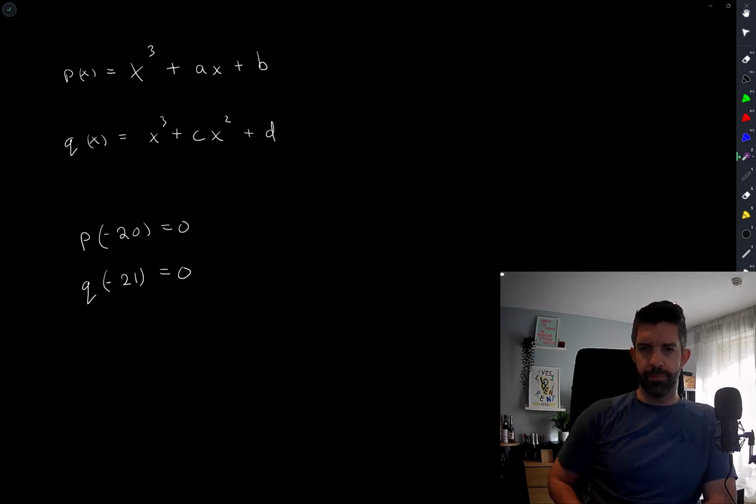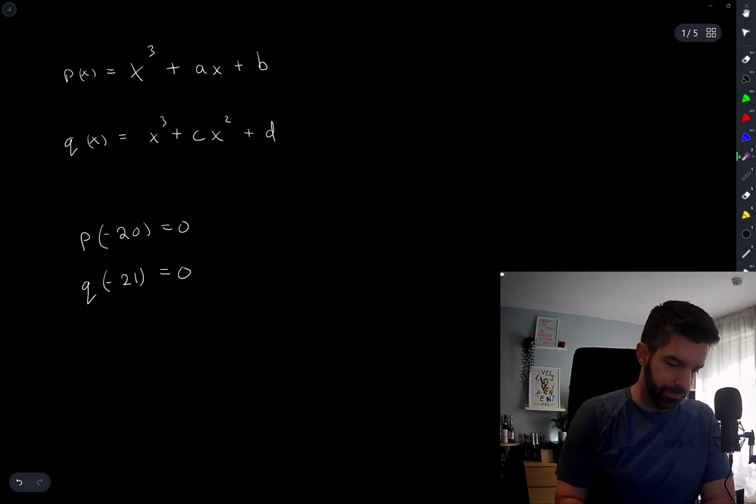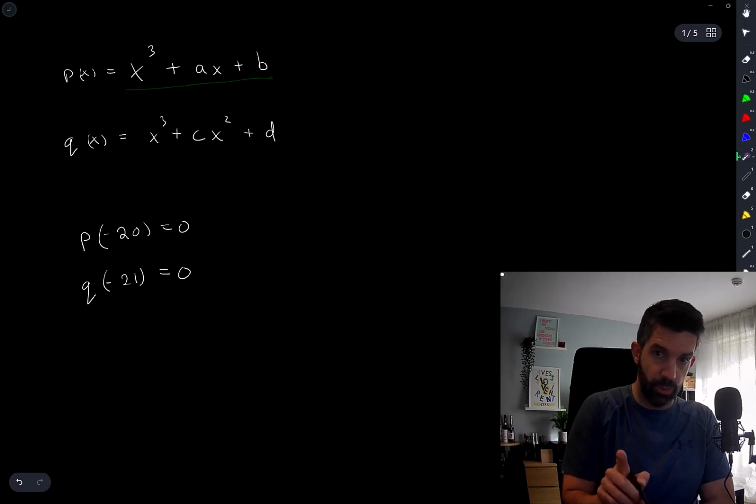In fact, they'll share both of their complex roots. If I factor out one of the roots of this, and we're told that the remaining polynomial has a complex root, well, it'll be quadratic.